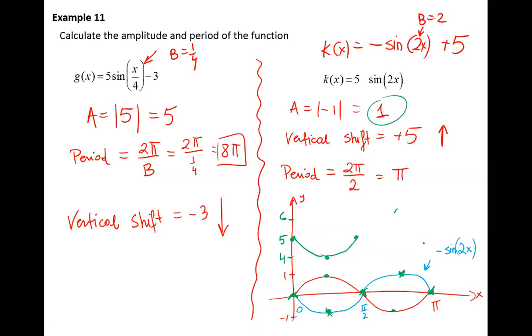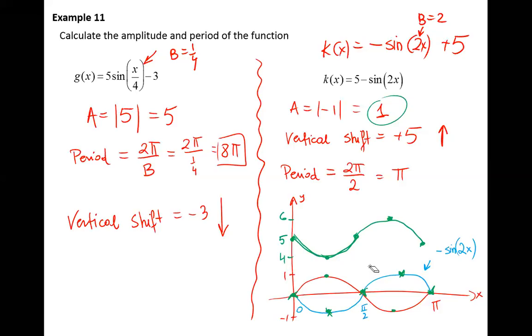That's a little bit too high. I'm still writing too high. Of course, I did shift the red curve. No, we have to shift the blue one because we have negative sine plus 5. Thank you, good eyes.